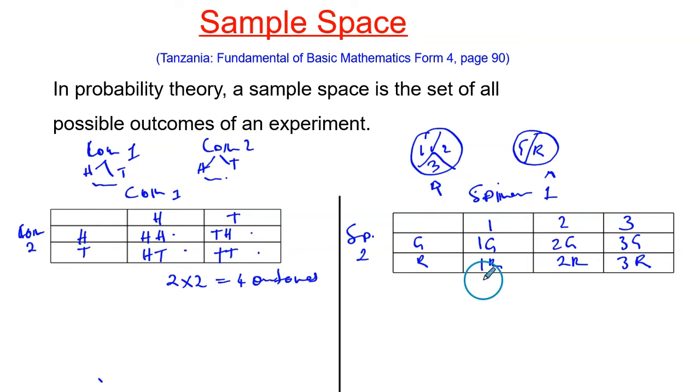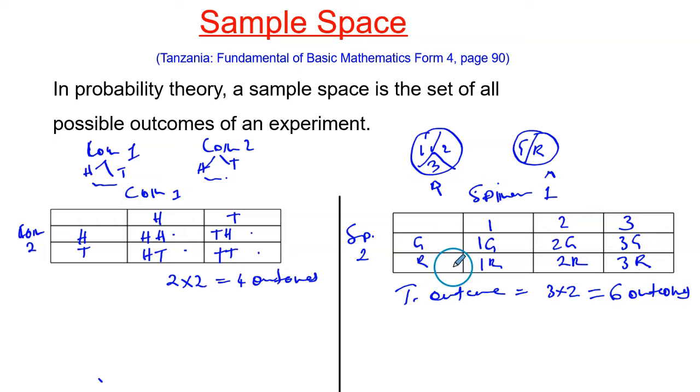So the total outcome is going to be equal to 3 times 2. You've got 3 columns and 2 rows. So it's going to be 6 outcomes in total, okay?